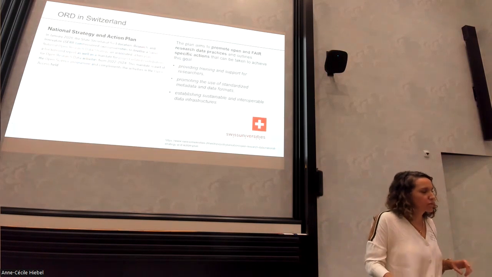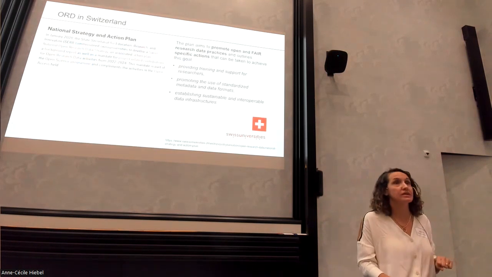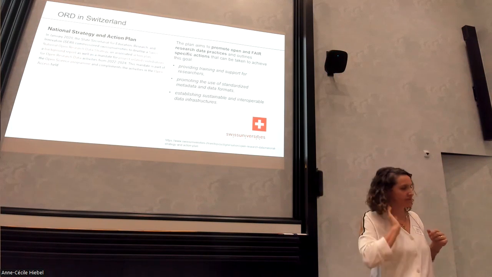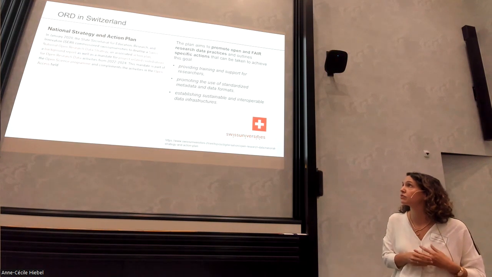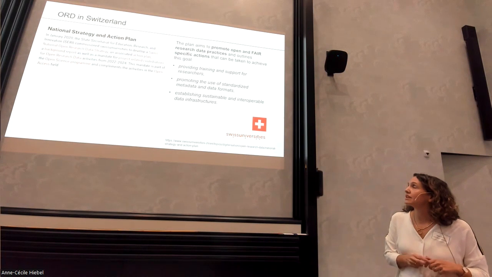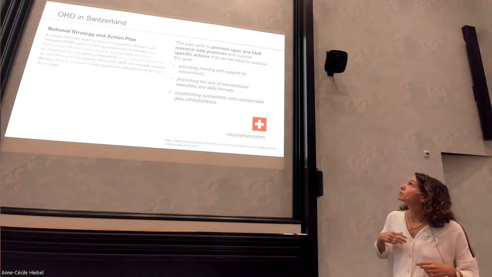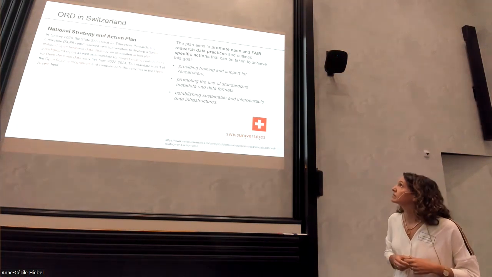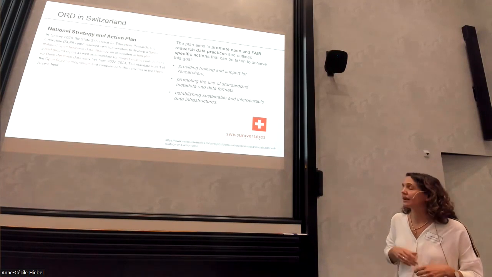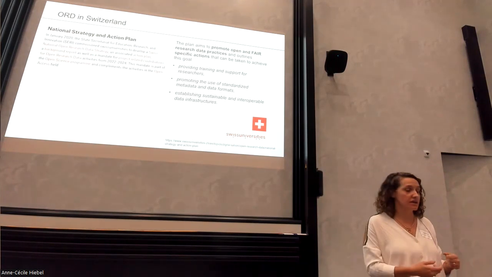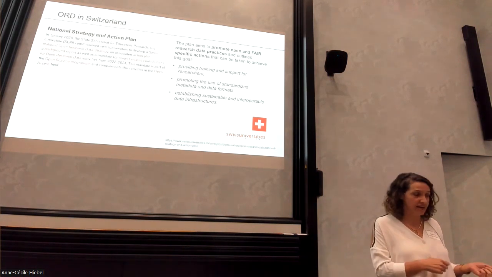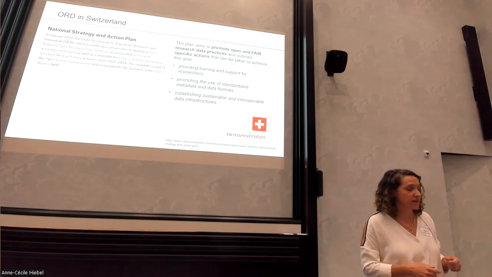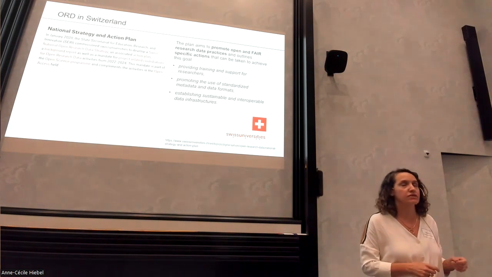Okay, so what's going on with ORD in Switzerland? We have this national strategy and action plan that was requested by the CRUS to the Swiss universities. This strategy and action plan aims to promote open and FAIR research data practices and has different goals like providing training and support for researchers, promoting the use of standardized metadata and data formats, and also establishing sustainable and interoperable data infrastructure.